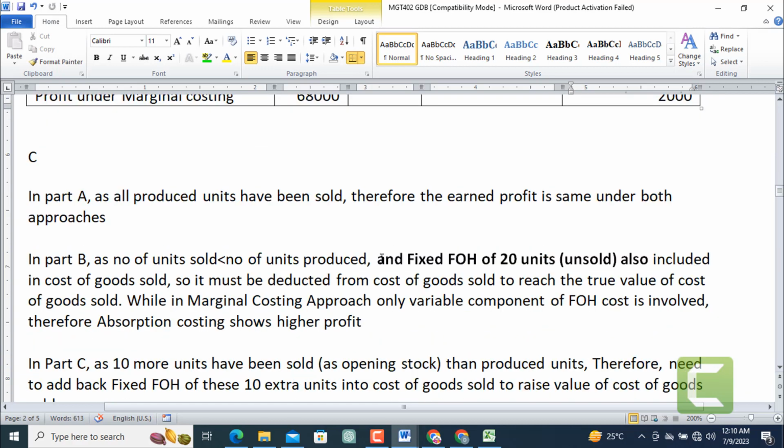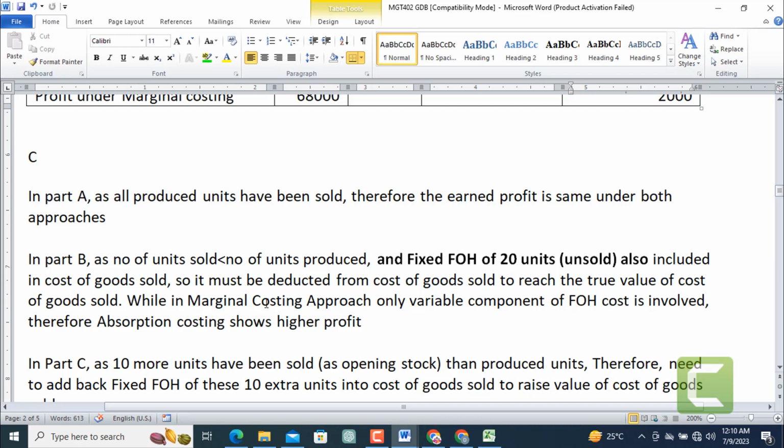In part A, as all produced units have been sold, the earned profit is the same under both approaches. In part B, the number of units sold is less than the number of units produced, and the fixed FOH of 20 units is also included in the cost of goods sold, as per the absorption costing approach, where we include all components of cost when calculating product cost.